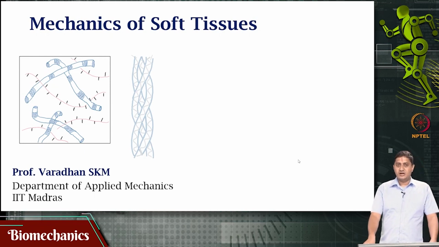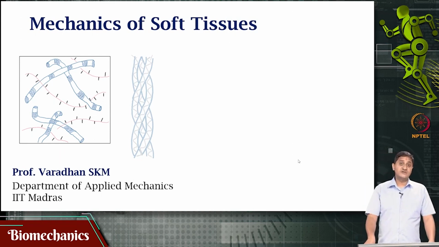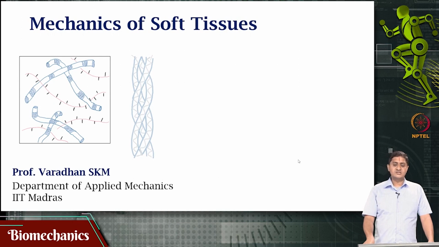We have been looking at biomechanics of soft tissues. Specifically, in the last few classes, we have been looking at the mechanical properties of tendons. We looked at stress strain relations, we looked at the nature of tendon forces, and we also developed some models of nonlinear elasticity in the toe region of a tendon.